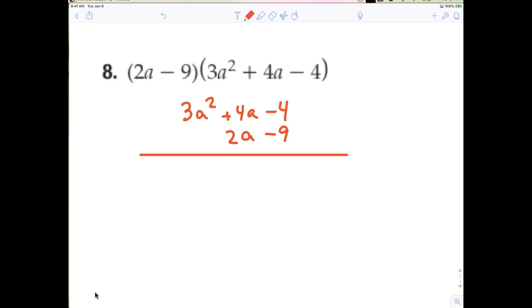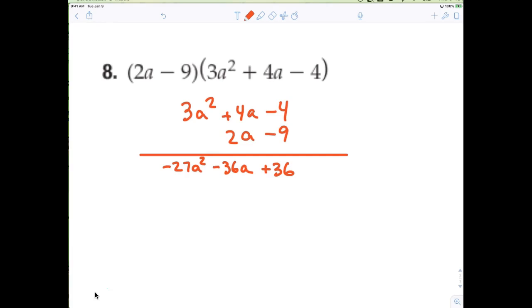Now, negative 9 times negative 4 is what? Yep, positive 36. Then you have a negative 36a, and then negative 27a squared. Is everybody okay with that?